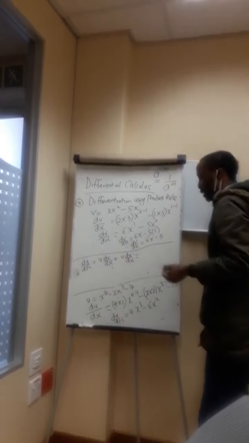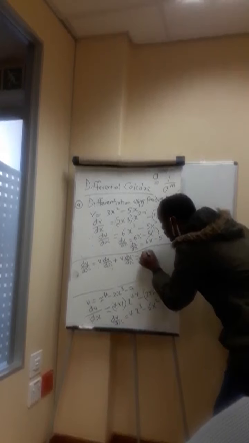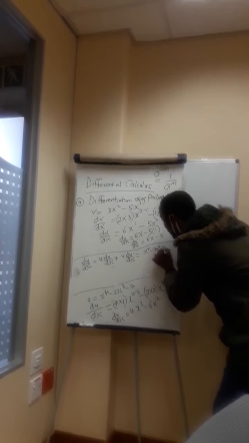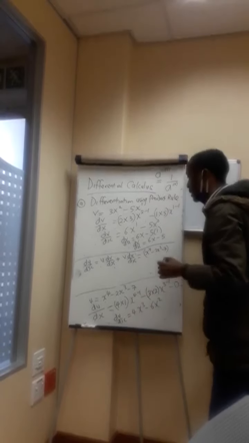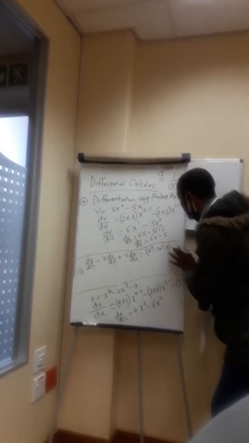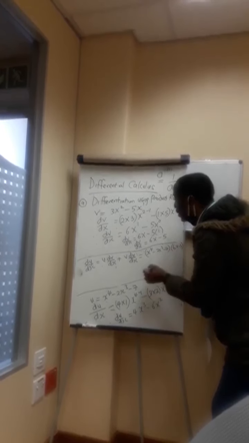So if I do that, I need to substitute. What is my u? My u is x raised to power 4 minus 2x cubed minus 7. Then my dv/dx, I've got my dv/dx to be 6x minus 5. So that is 6x minus 5.